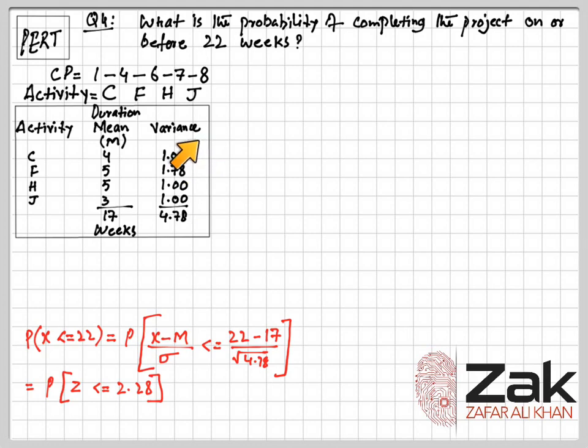That is the square root of 4.78, which is 2.19, and if we solve it, it becomes 2.28. So that would be the probability of Z less than or equal to 2.28.